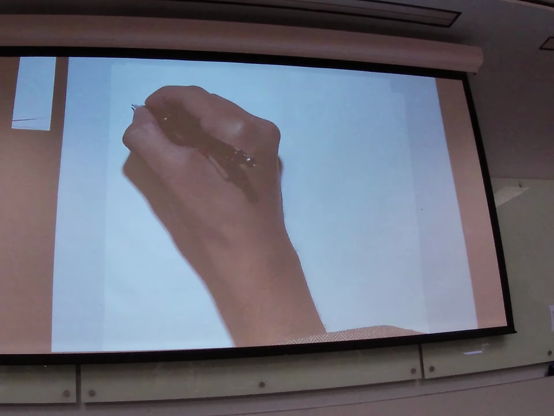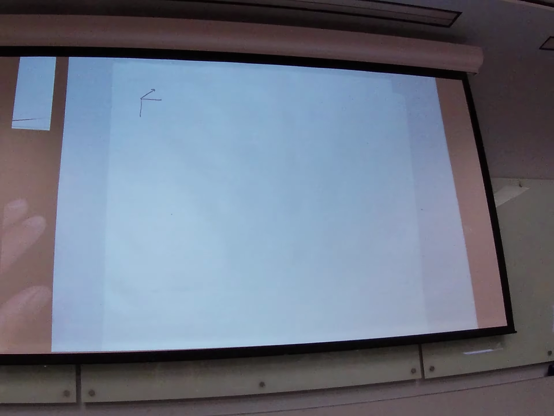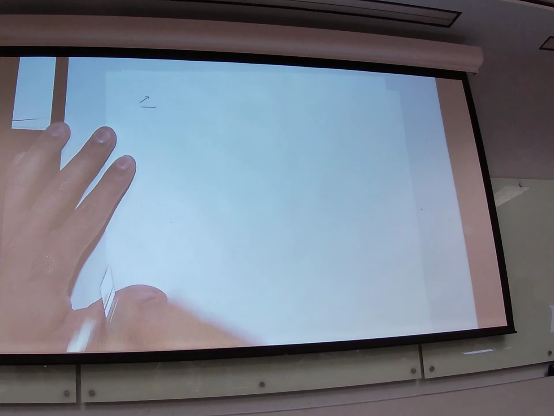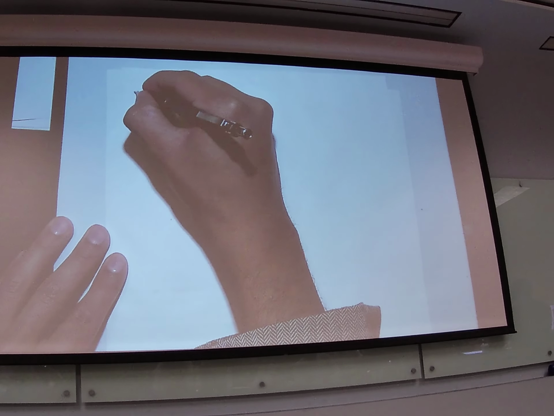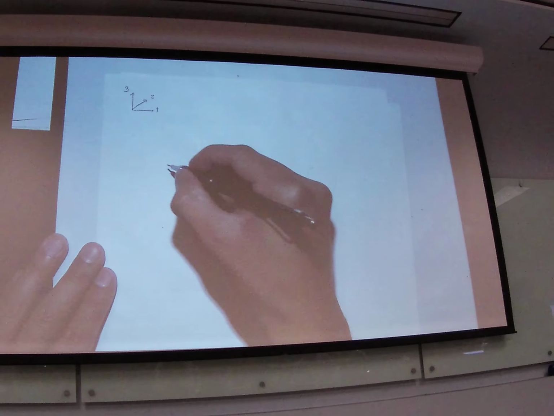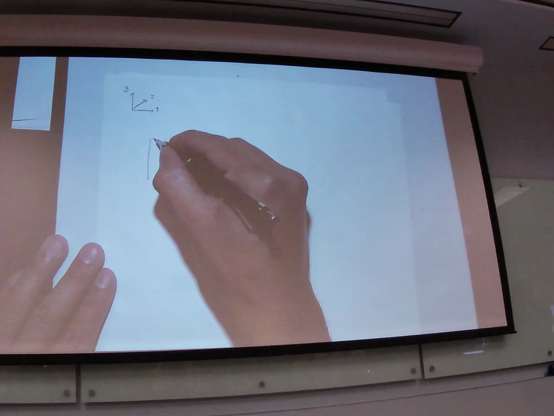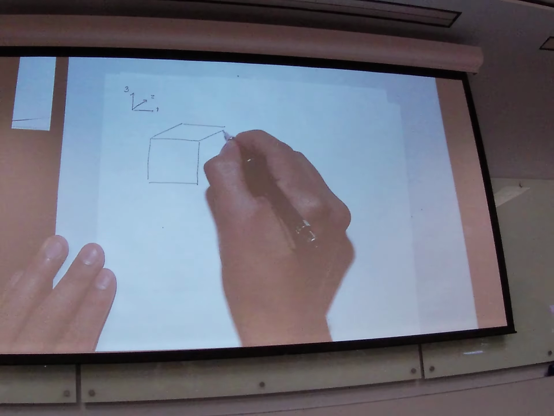In general, if we have a coordinate system, let's say 1, 2, 3, and here we have an element of rock.